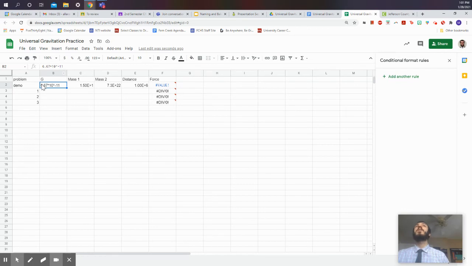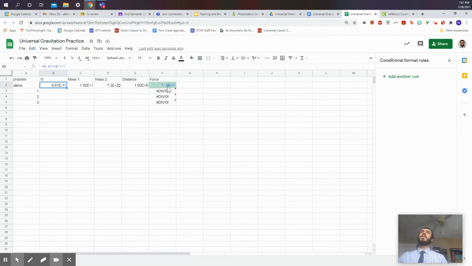I forgot to put an equal sign in front of this 6.67 times 10 to the negative 11th. The computer thinks it's a word, not a number. So I have to put an equal sign in here. And so I put this equal sign in here, and my force value has turned green. That's because I've calculated it correctly. If I put in the right numbers here, this will turn green, and you can see that it's correct.